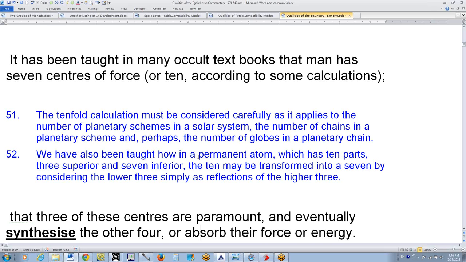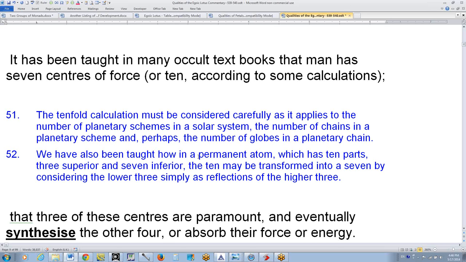Otherwise, you would have kind of a 13, which is meaningful in its own way as well. But we are allowed to combine groups of numbers in various ways to reinforce a particular perspective.